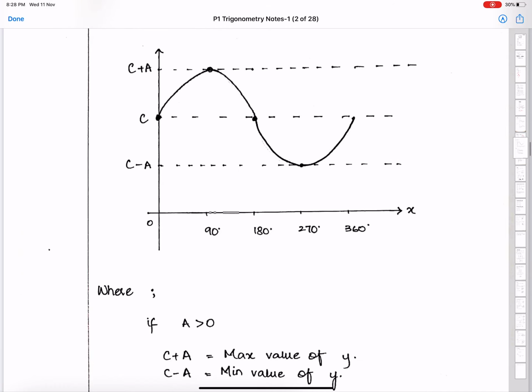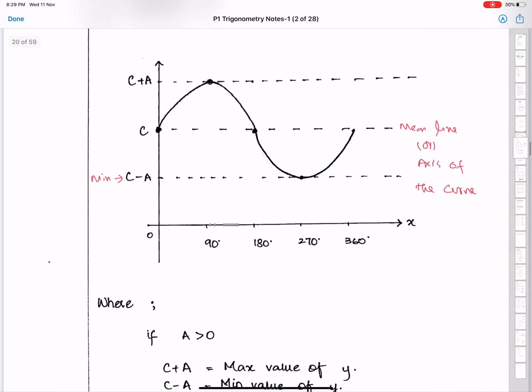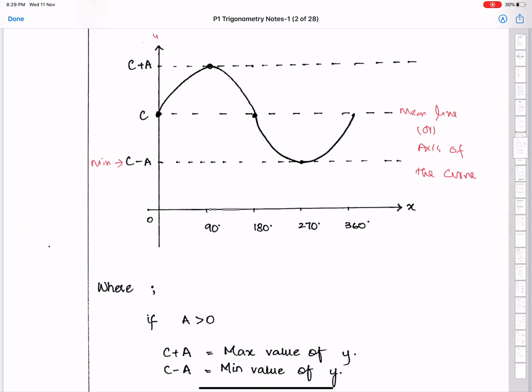This is the mean line, the axis of the curve, and this is the minimum value of y, and this is the maximum value of y.